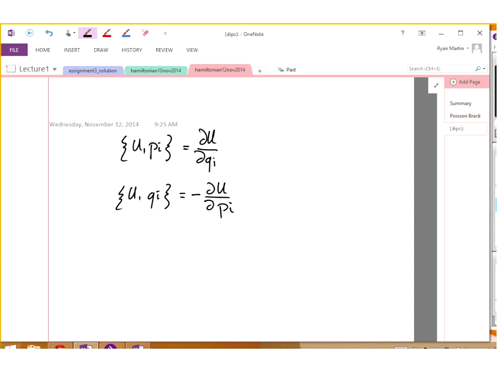And then the last one is called Jacobi's identity. We're not going to use it.